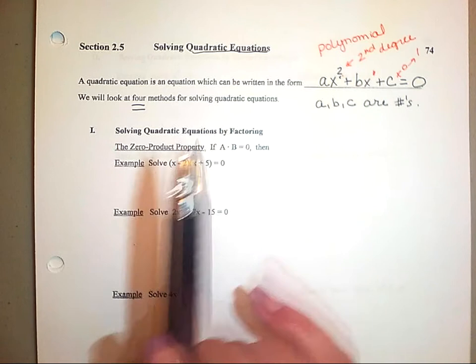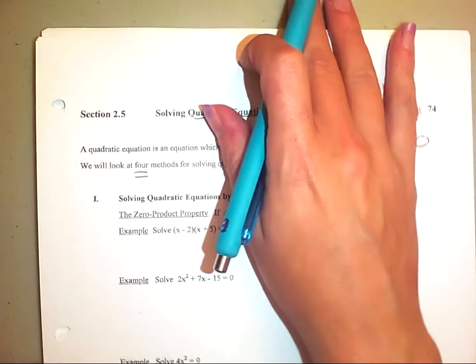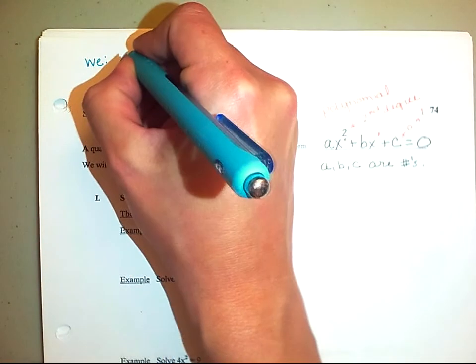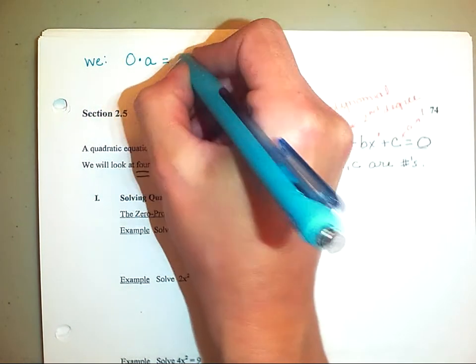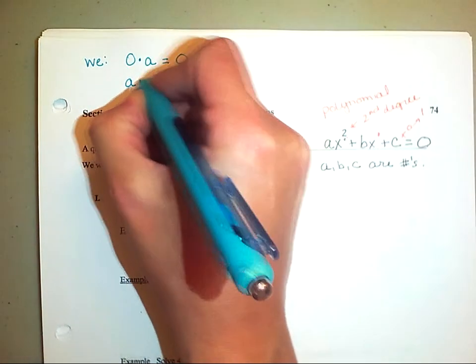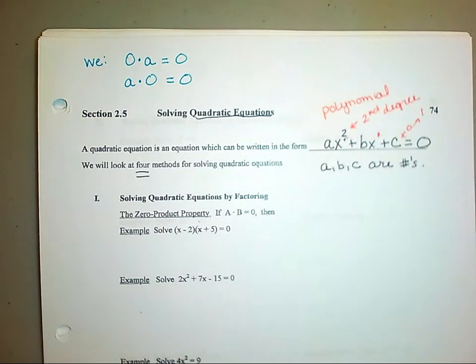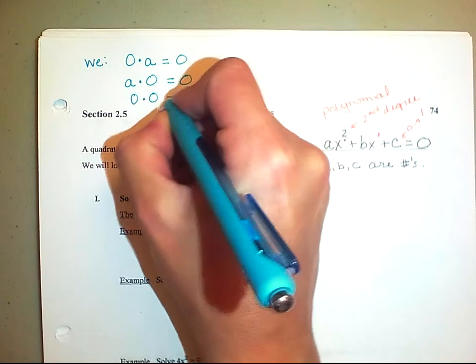So let's think about some things that we know. We know if you take 0 times any number, a, well that just has to be 0. Or if you take a and multiply on the right by 0, it's still 0. Doesn't matter. Or if you take 0 and multiply it by 0, you still get 0.